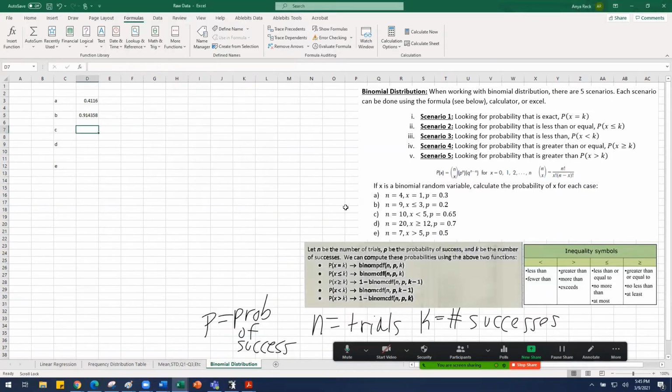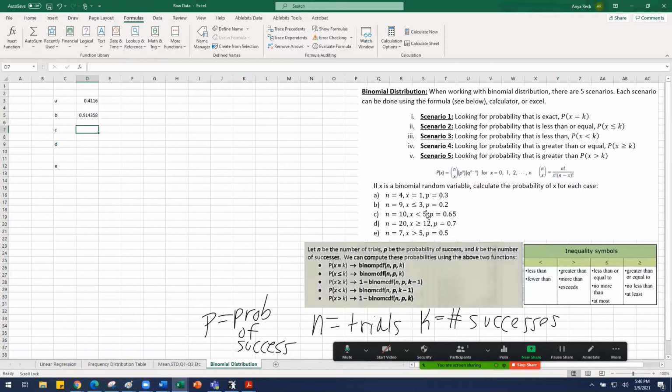For option C, it says the N value is 10, X is less than 5, and the P value is 0.65. So X less than 5. You go down to this table. X less than 5, you need the binomial cumulative distribution NPK minus 1.